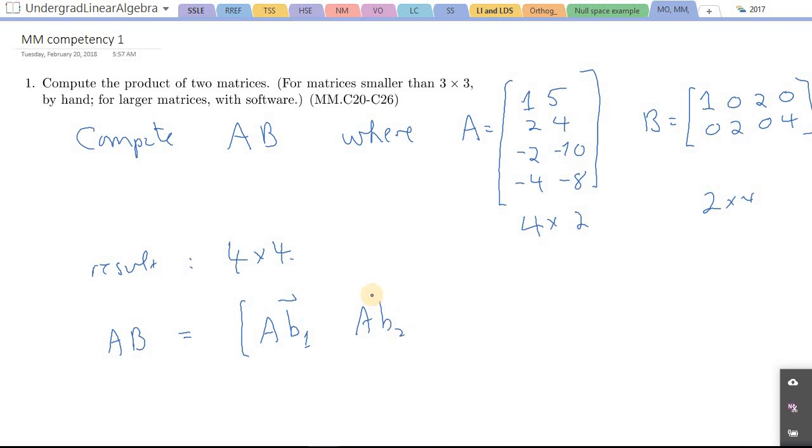AB2 is the second column, AB3, and AB4, where B1, B2, B3, B4 are the columns of B. Oh, by the way, I should say that you should pause the video, work this yourself your own way, and then you can compare your solution with mine.